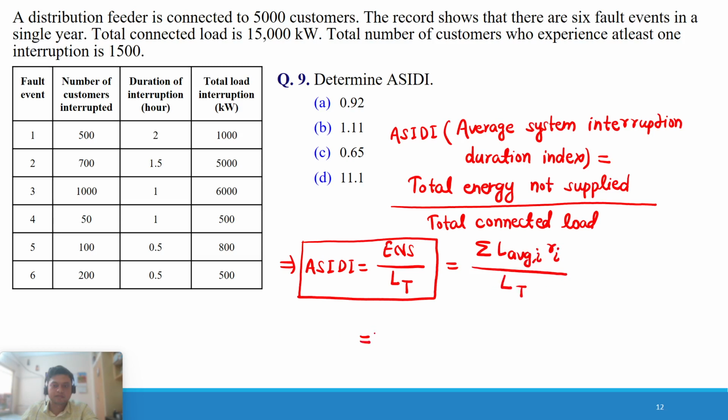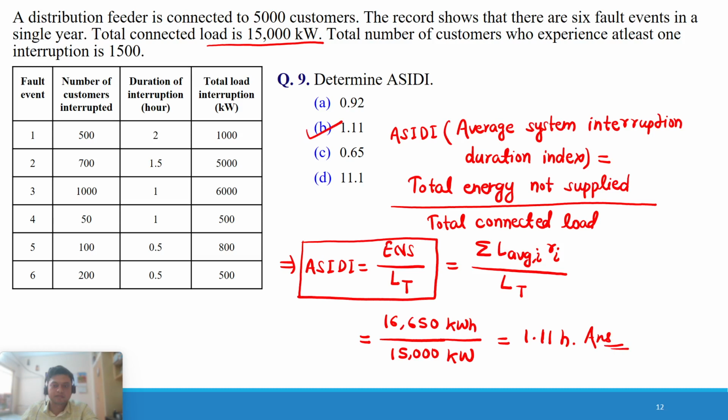So we have already calculated these values. ENS is 16,650 and LT, the total connected load, is given as 15,000 kilowatt. The numerator is in kilowatt hour and the denominator is kilowatt, so it will give you the value in hours. So 1.11 hour. So the correct answer for this problem number 9 is 1.11.